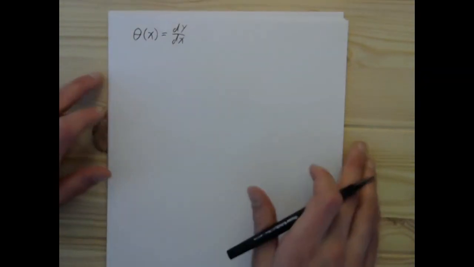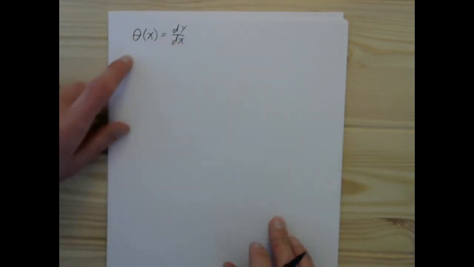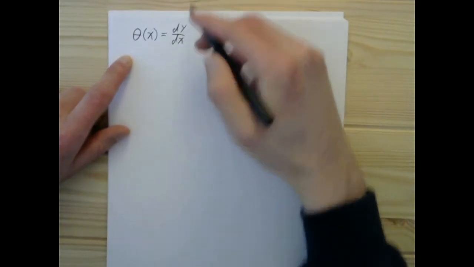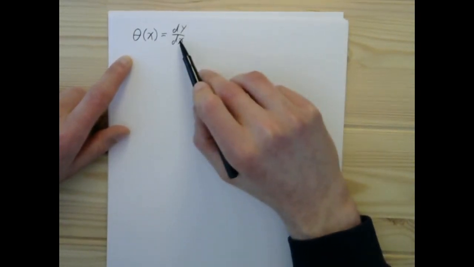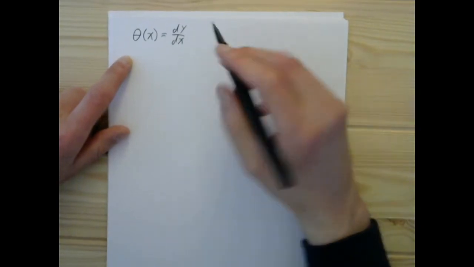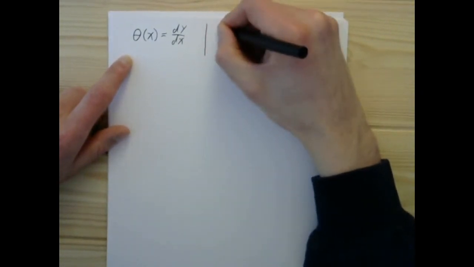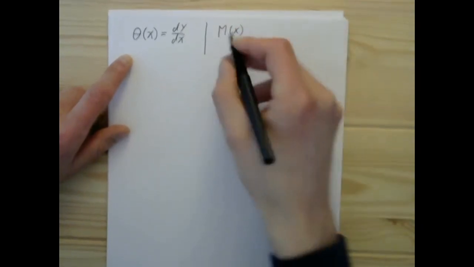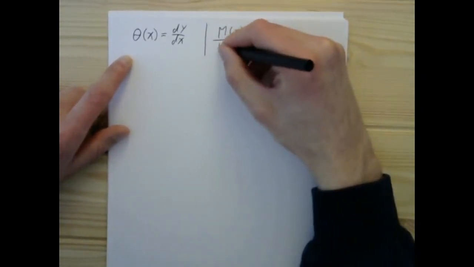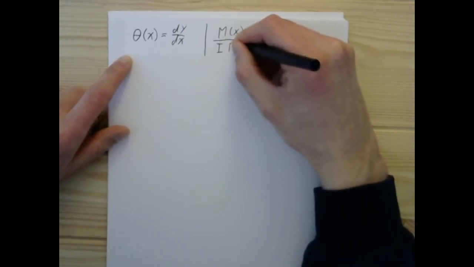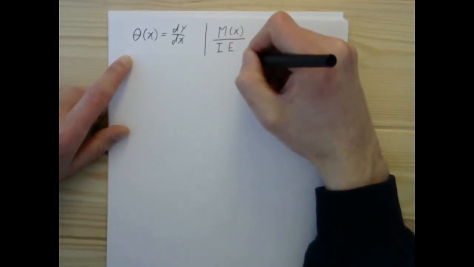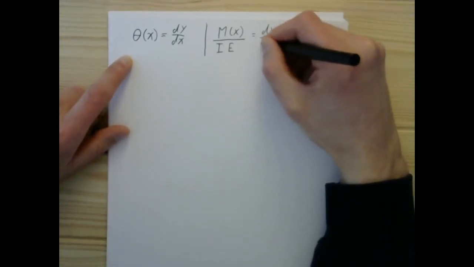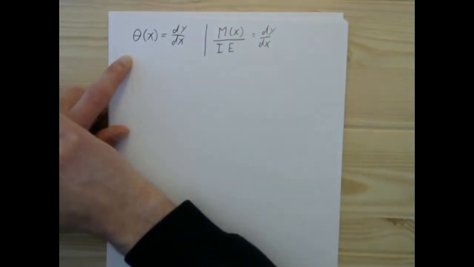So, for this, we have that the rotation is going to be the first derivative of the deflection, and the moment divided by, let's draw that again, right? The moment divided by our second moment of inertia and our Young's modulus is equal to the second derivative of the deflection.